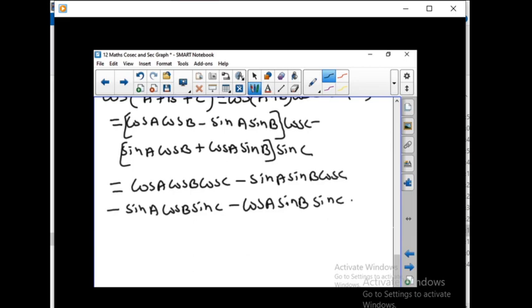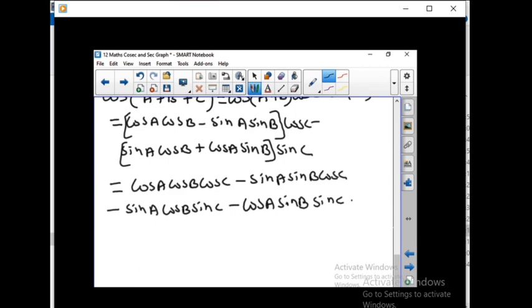Now, the next part of the question is asked to prove when a plus b plus c is equal to pi by 2. So, we have cos(a plus b plus c). In that we have to take a plus b plus c as pi by 2.